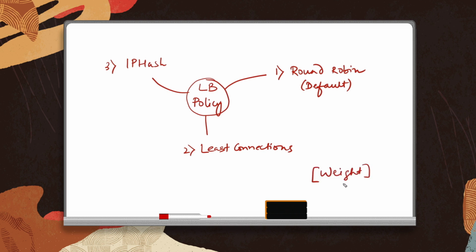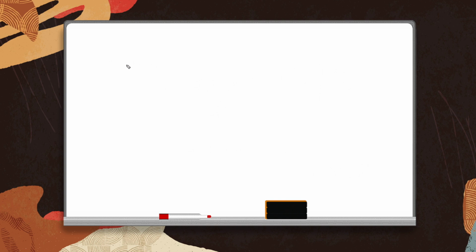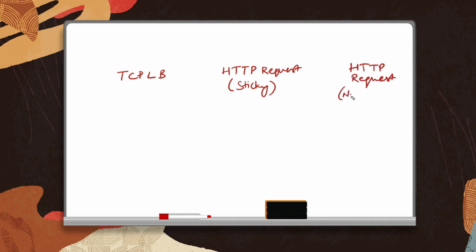You also have an option to assign a weight to the backend server. These load balancing policies that I mentioned, round robin, least connections, and IP hash, apply differently to TCP load balancer, HTTP request in case it is sticky, and HTTP request in case it is non-sticky.